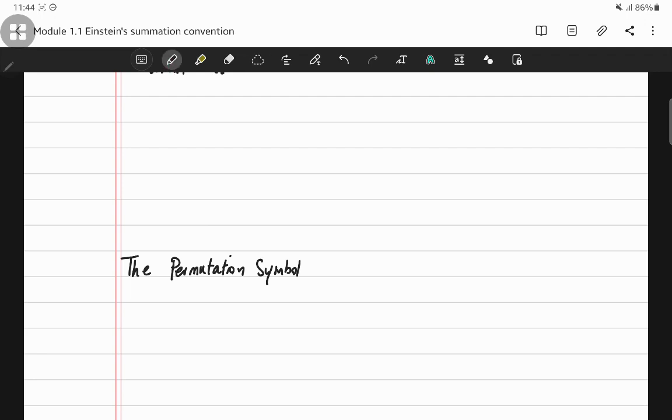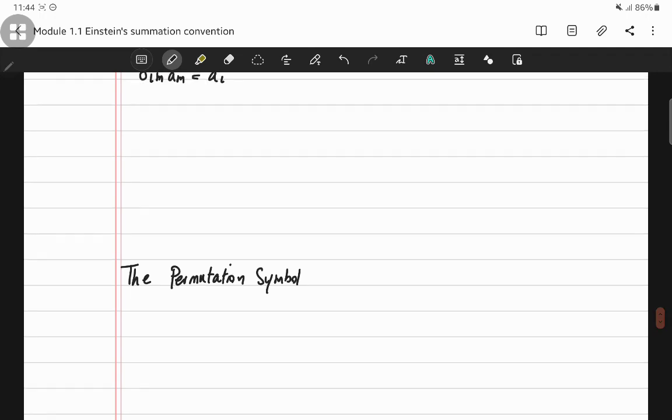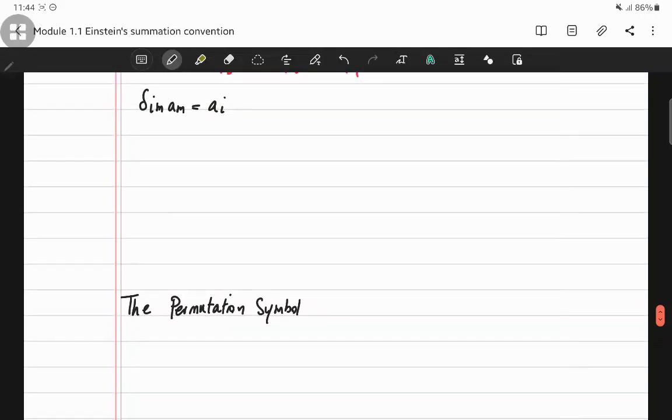So most of the time, if we write this expression here, say alpha m, a m is equal to a alpha, where alpha is only 1 and 2, so it does not occupy 3.